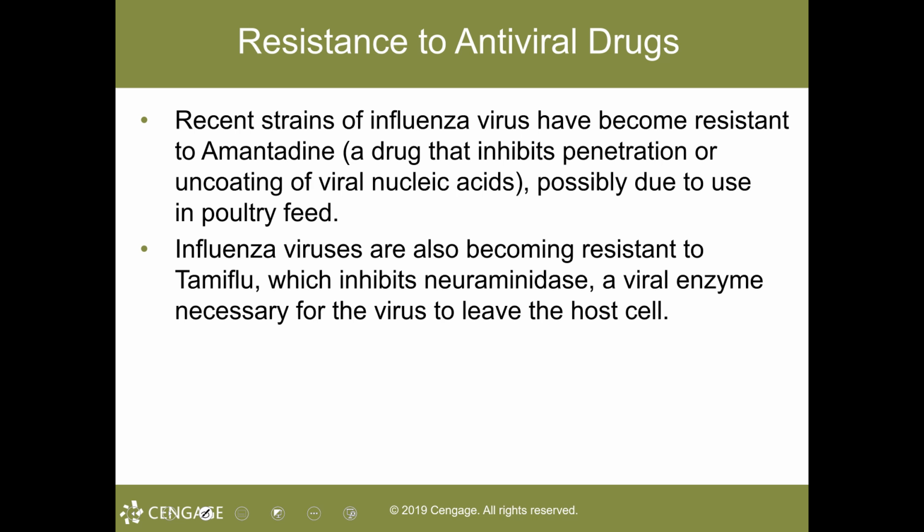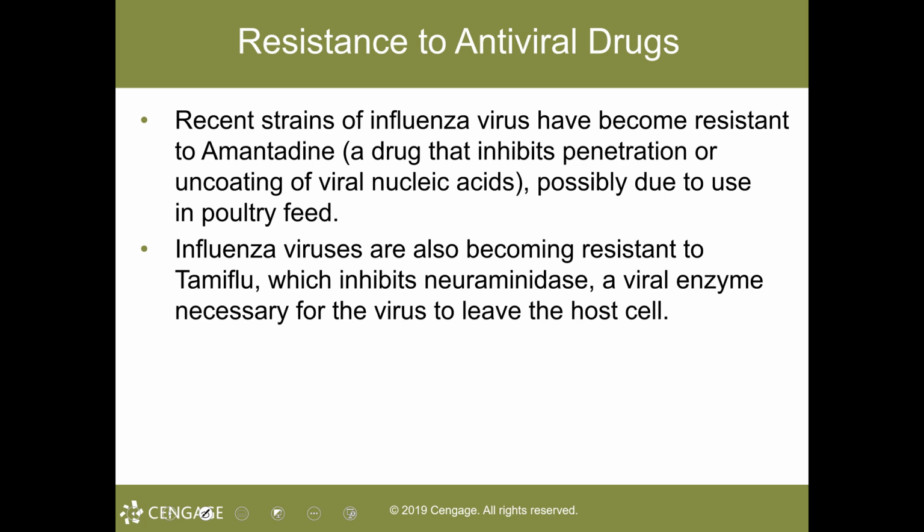And then, resistance to antiviral drugs. Recent strains of influenza have become resistant to amantadine, which is that drug that inhibits penetration or uncoating of the viral nucleic acids, and this is probably due to its use in poultry feed.